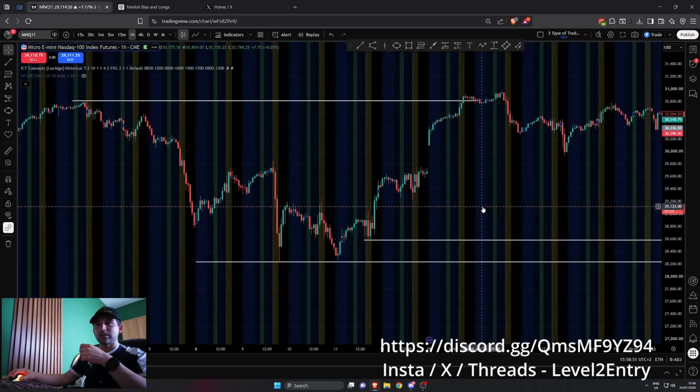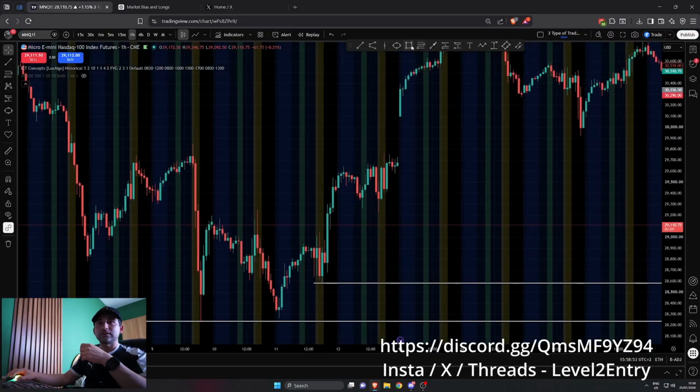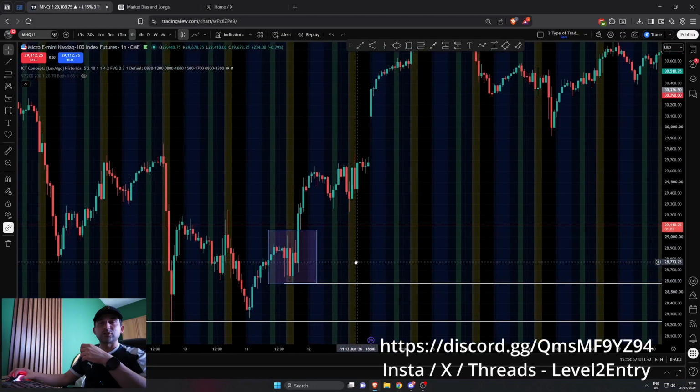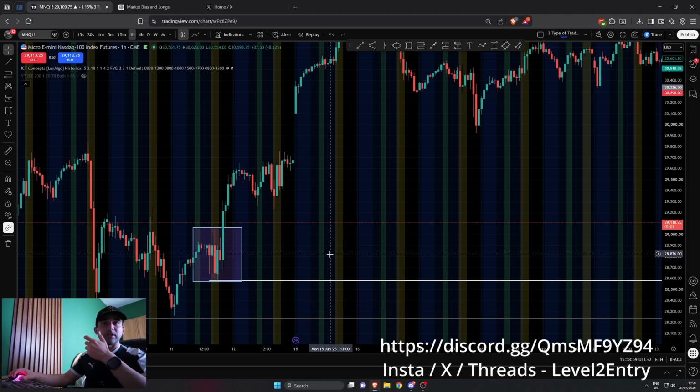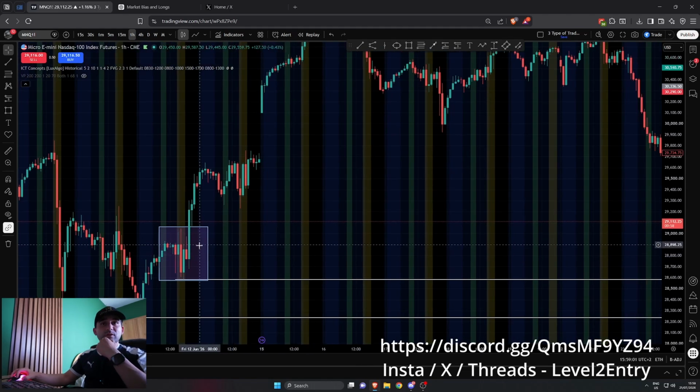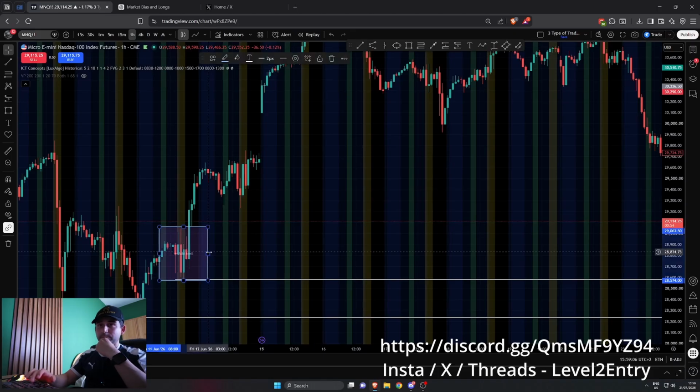Here we can see this small consolidation, which was really catchy for me. So on the 1-hour time frame you can see that this was a key liquidity point to mark.